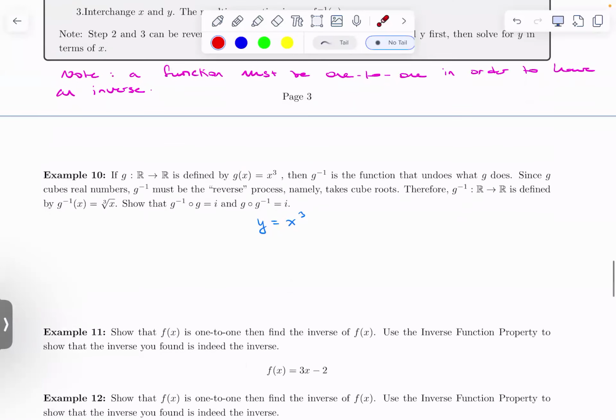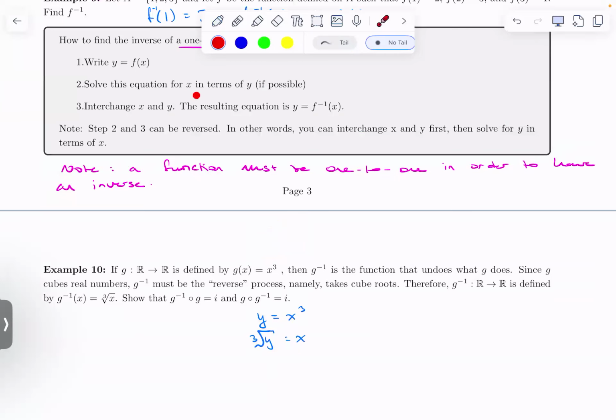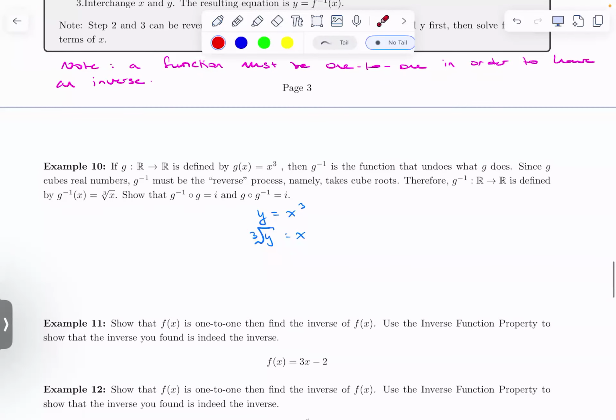If I solve for x here, I get the third root of y is x. Third root, I don't need the plus minus because it's odd. So we solved for x in terms of y. Interchange x and y. Therefore, f inverse of x is the third root of x.